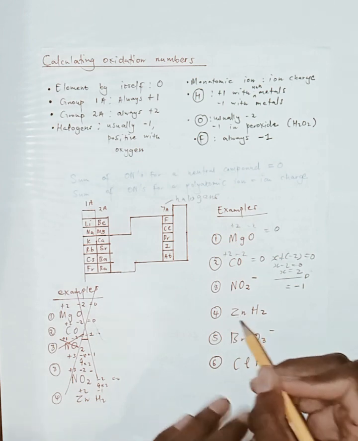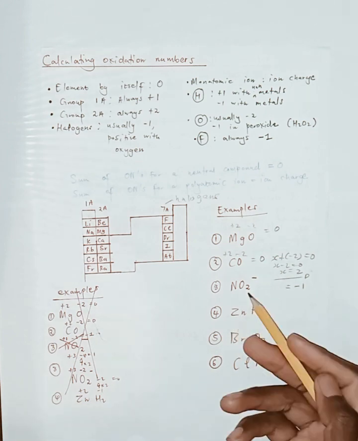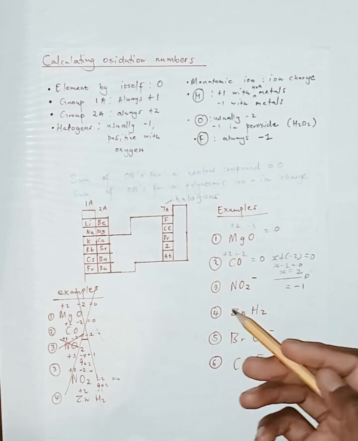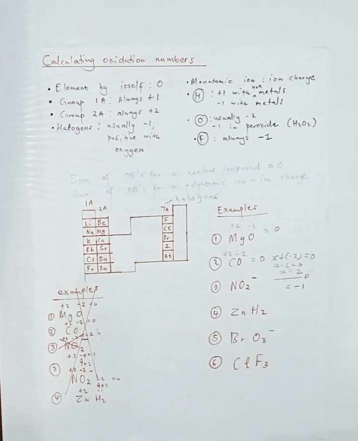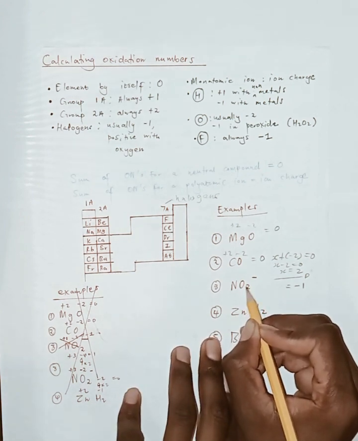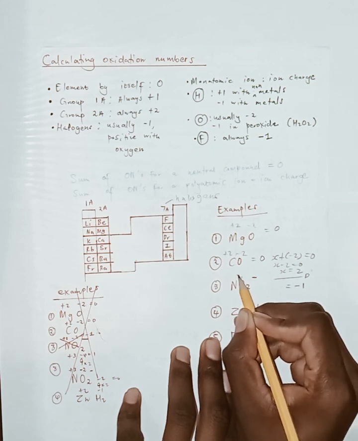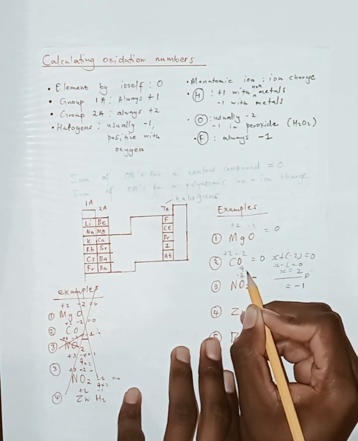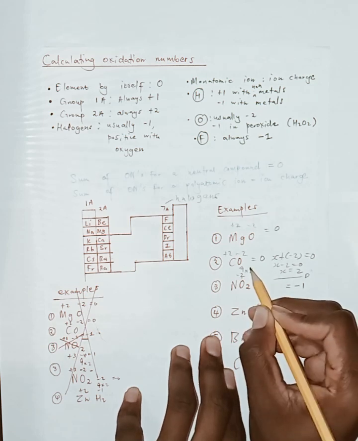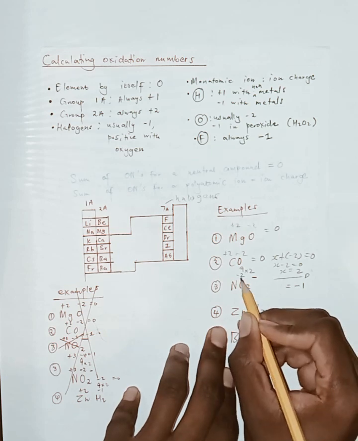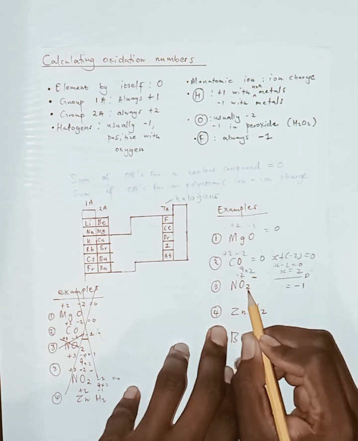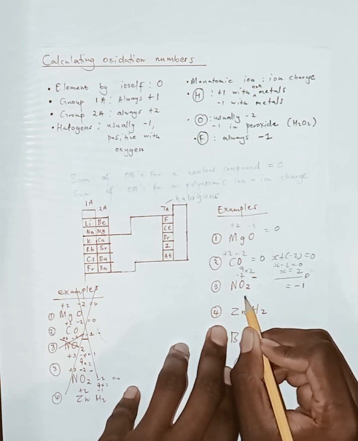So that means we're looking for the oxidation number of N. We already have the oxidation number of oxygen. -2 is the oxidation number for oxygen, but here we have 2 oxygens, so we multiply that by 2, which gives us -4, right?